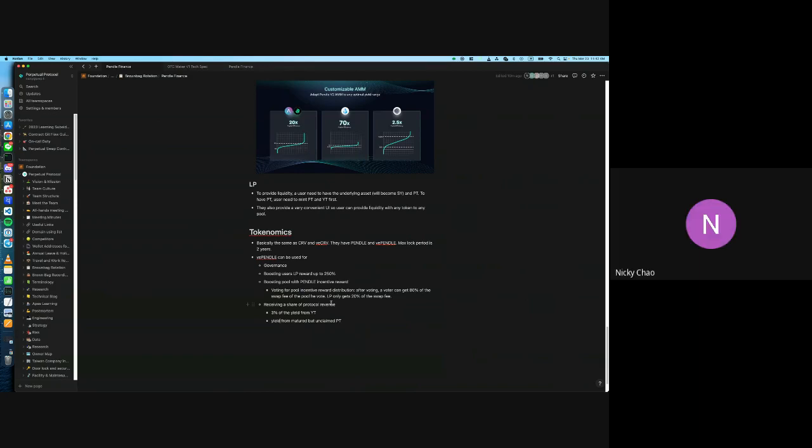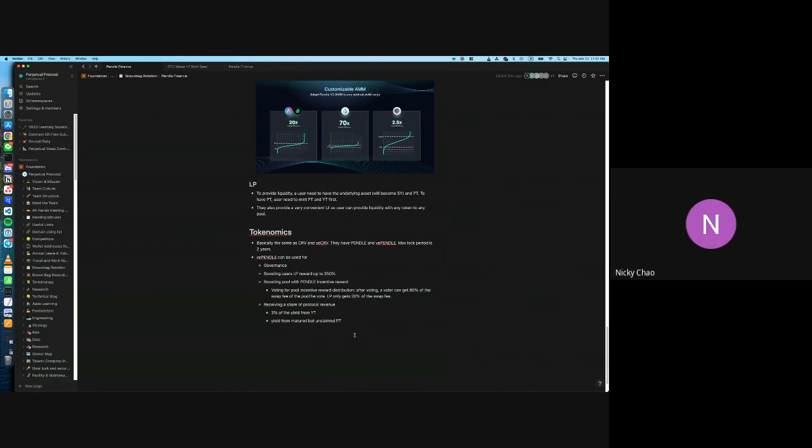Yeah, you can think of it like this: if a user puts one STETH into the platform, there will be one PT and one YT in the platform, right? So the yield of that one STETH will go to the holder of that YT token.